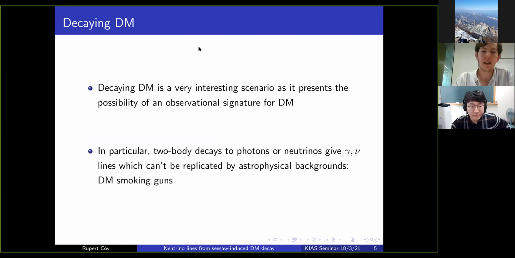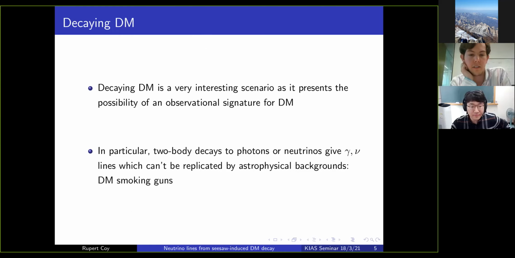On the other hand, decaying dark matter is an interesting scenario to consider, because if you have dark matter that decays to standard model particles, you open up a new possibility of observing dark matter by detecting these decays.